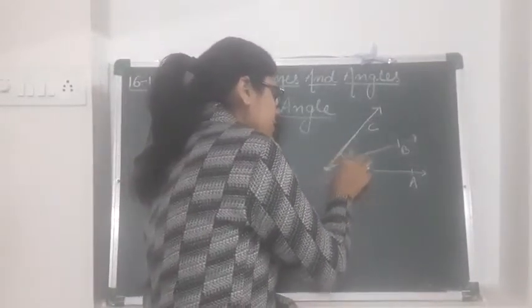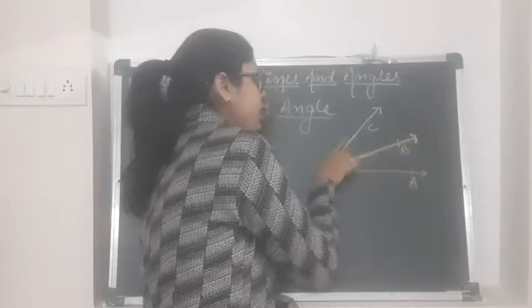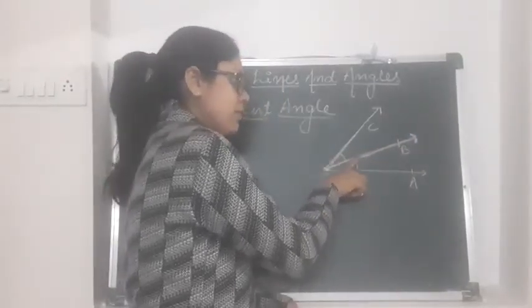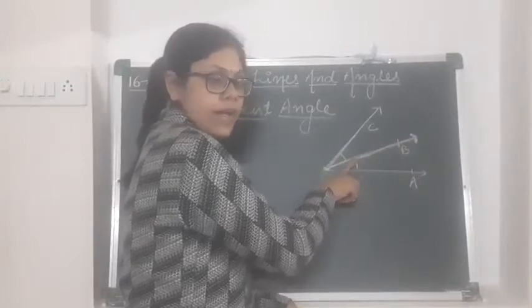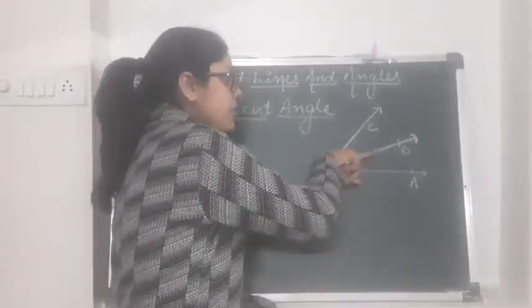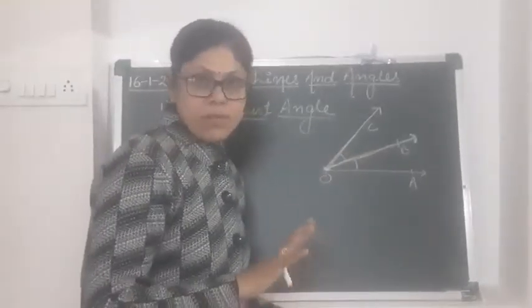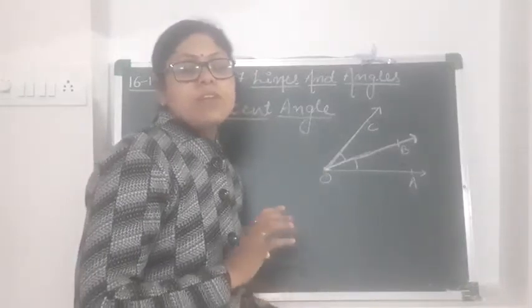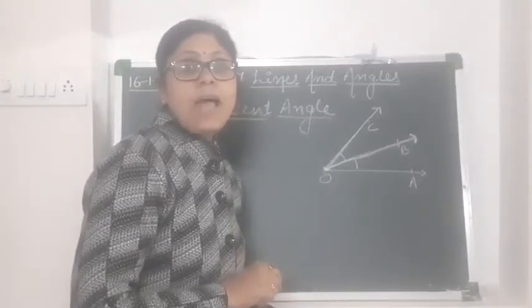You can see this is a common arm. One arm is here and one arm is here. One angle, second angle, you can say either, but they have a common arm. OB is common in both the angles.